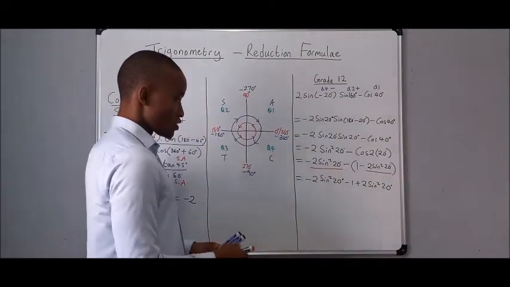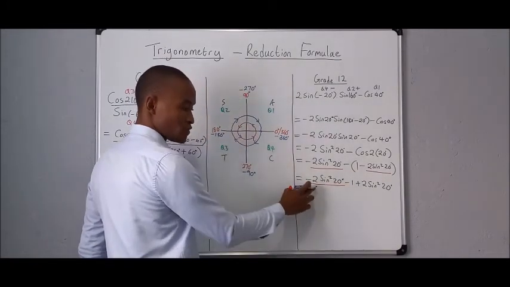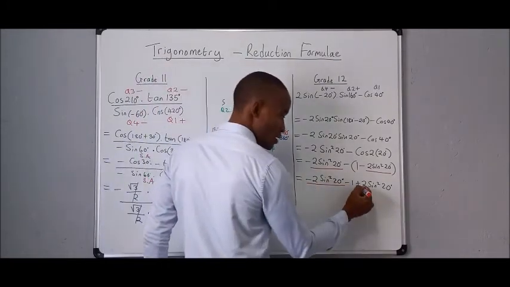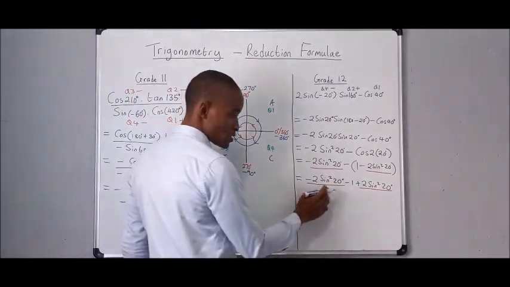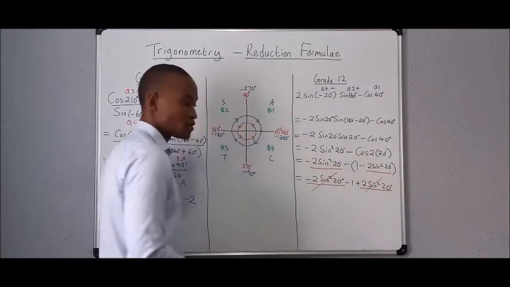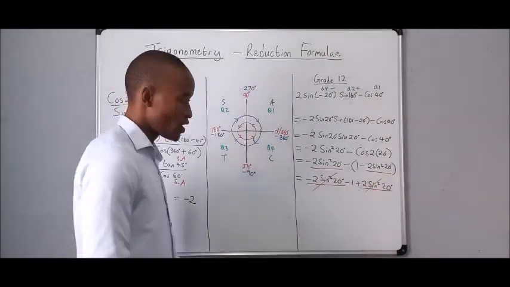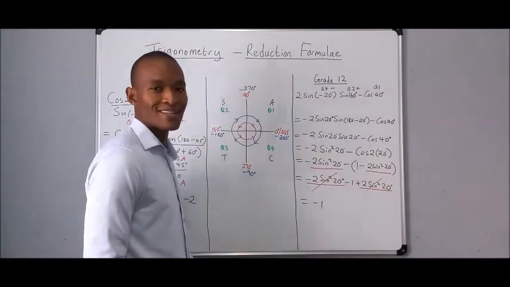So this is negative 2 sine squared 20 degrees plus 2 sine squared 20 degrees. It is the same thing with opposite signs, therefore we have the right to cancel it. It falls away. What is remaining, the answer is a beautiful negative 1.